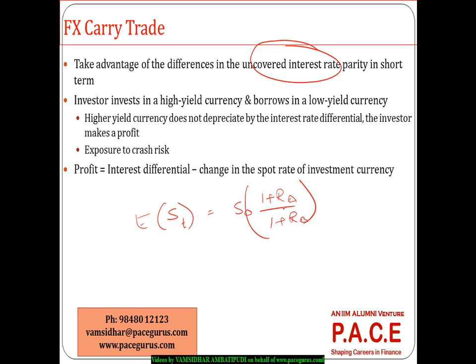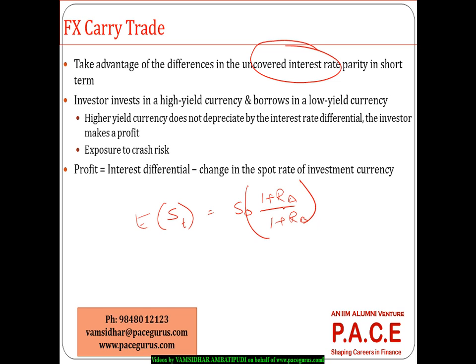this equation may not hold true, and the FX carry trade, the forex carry trade, is primarily meant to take advantage of this kind of situation. So here we are talking about an investor getting into an FX trade.